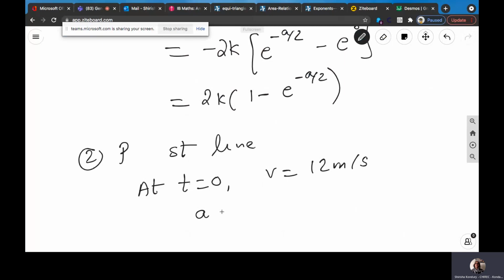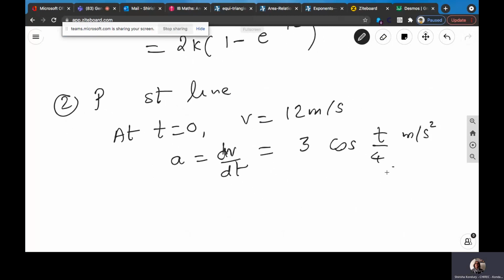And its acceleration, which is the derivative of velocity, is given by 3 times cos of t by 4 meters per second squared, defined for all values of t greater than 0. Obviously, we cannot measure negative time when it is motion. So that's the information given to us.